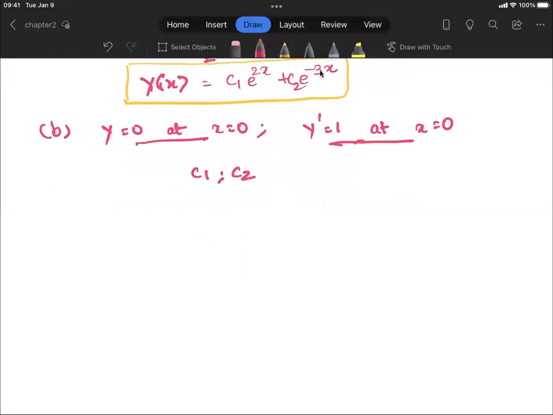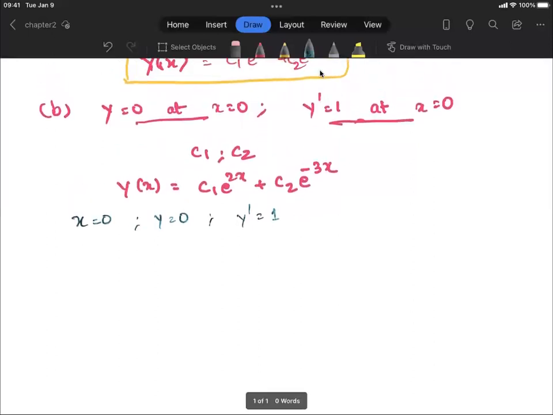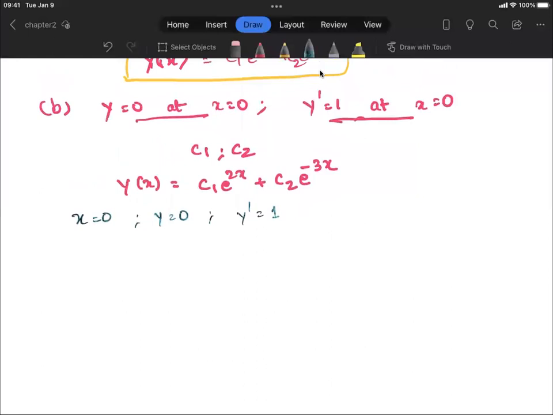So the simplest way to do this is to, first let's write down the solution to the differential equation, which is this. Now what we're going to do is plug in the values of x equals 0, y equals 0, and the first derivative equals 1. So we have these values here.